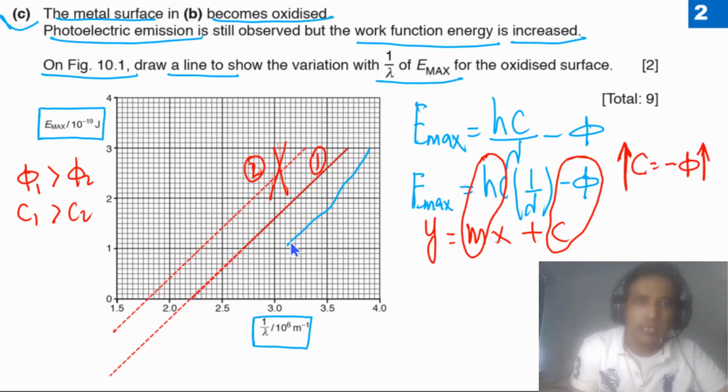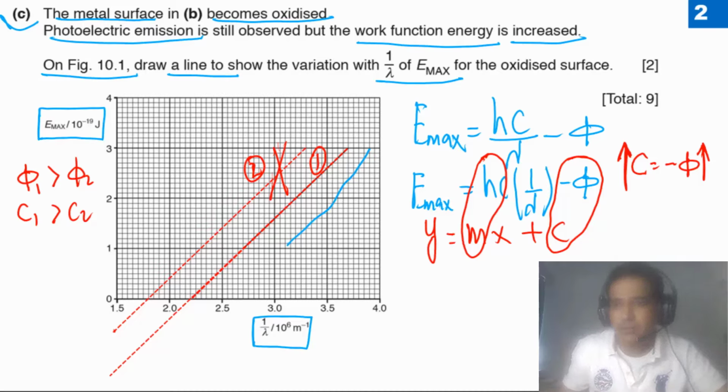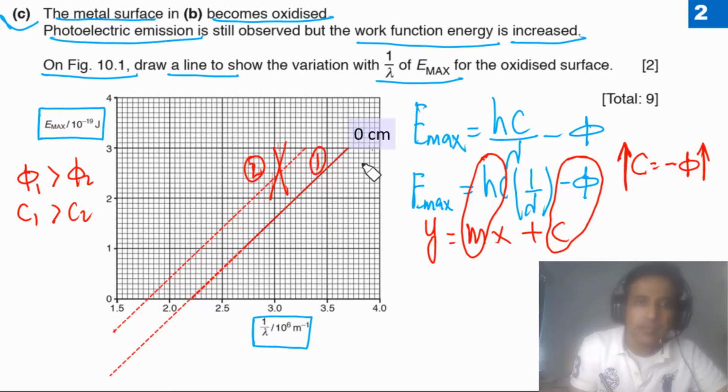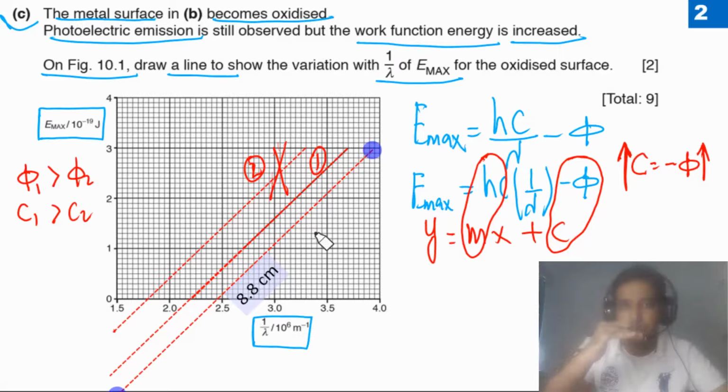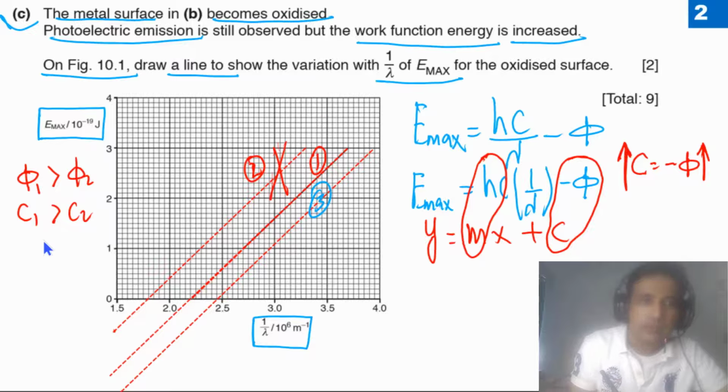If I draw the line under this one, let me clean this part and draw a line under this. So I can draw a third line here. You can see this third line, its y-intercept is greater in magnitude, so it means that we have to draw the line below the given line. If this is the third line, you will see the work function of the third one is greater than the work function of the first one.